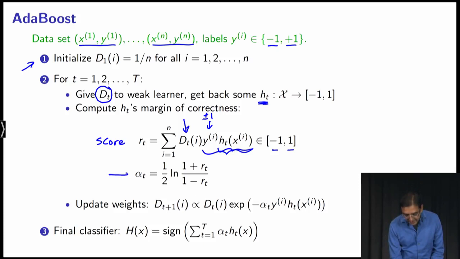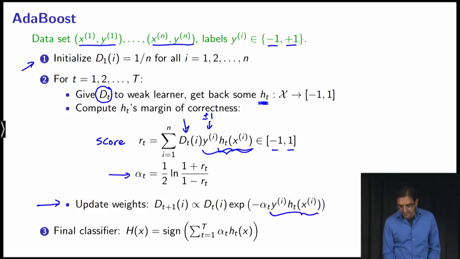We also get the weight of the classifier in the final majority vote, in the final linear combination. You don't need to worry too much about that specific formula. Roughly, classifiers that are doing better get a slightly higher weight. Now, what we do importantly is to change the weights on the data points.